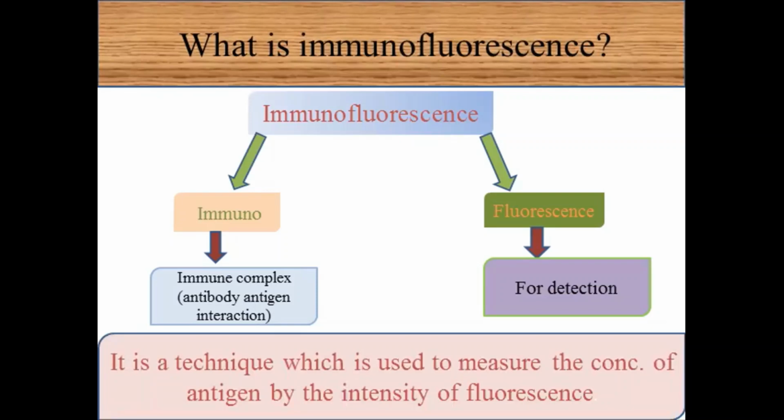From this complex, we get the signal of fluorescence. So we target the antigen or the antibody, sometimes the antigen. Depending upon this target, we get our desired results. By measuring the intensity of fluorescence, we can calculate the amount of antigen present there.